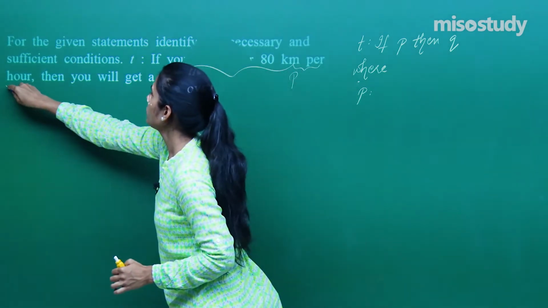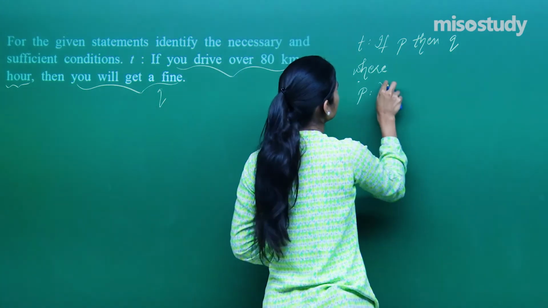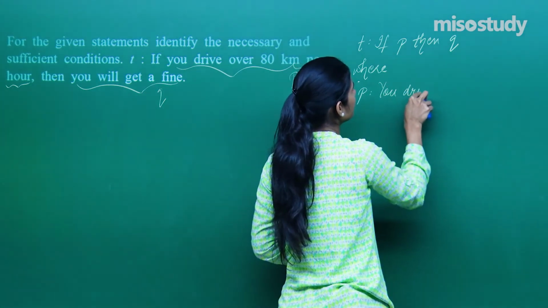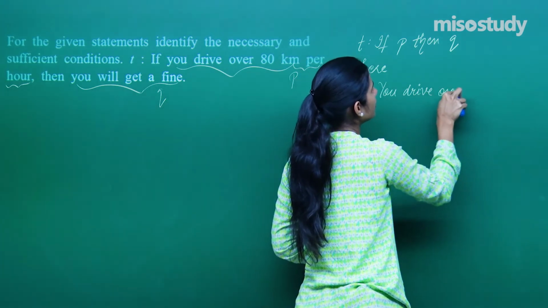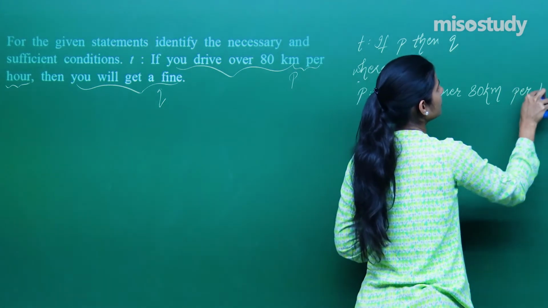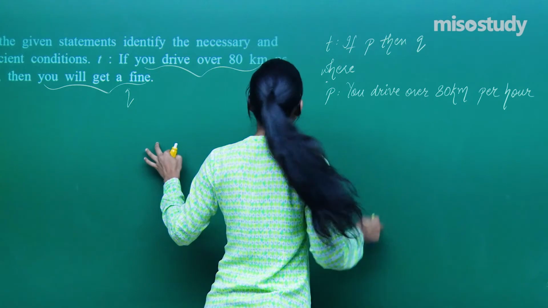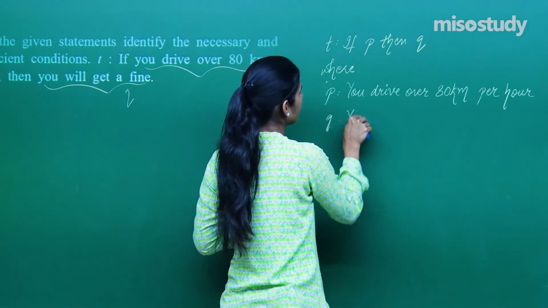You drive over 80 kilometers per hour is P and you will get a fine is Q.